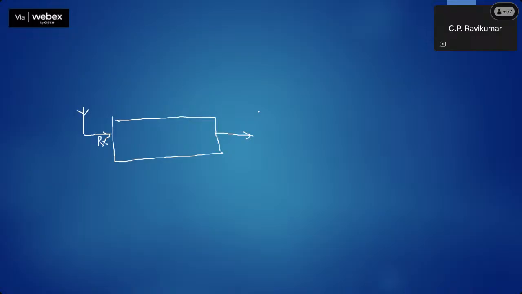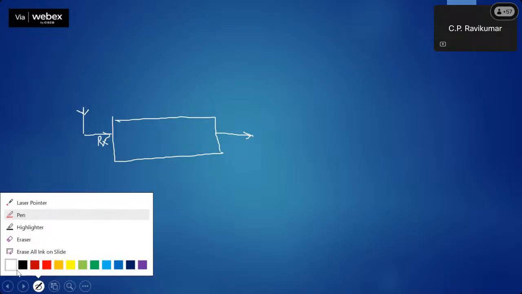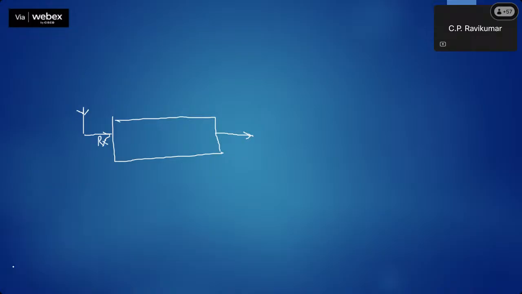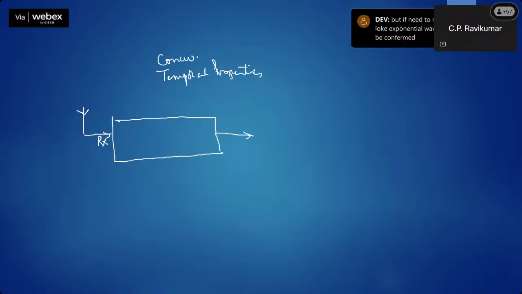You can think of other such properties. Sometimes these are called temporal properties, because we are looking at the waveform over time. Concurrent is another word: concurrent properties.